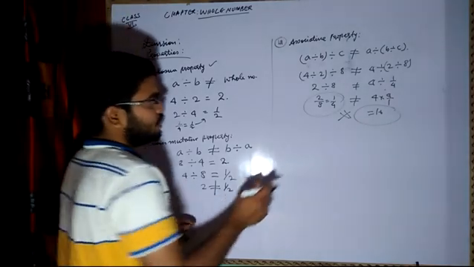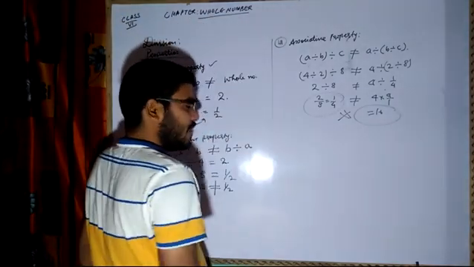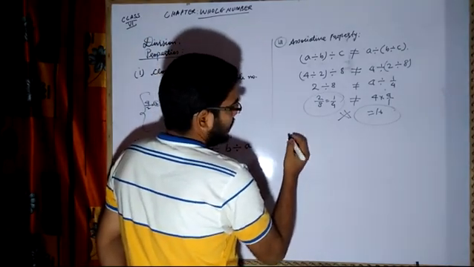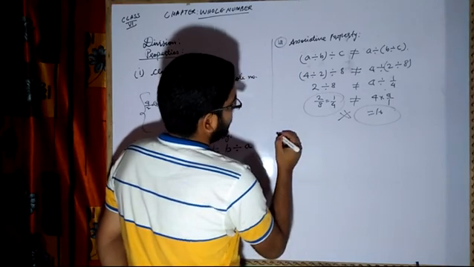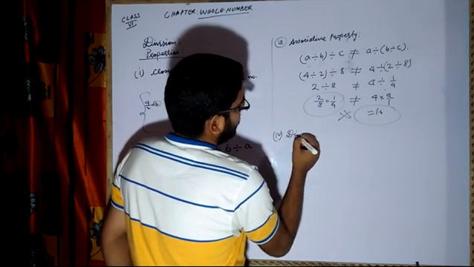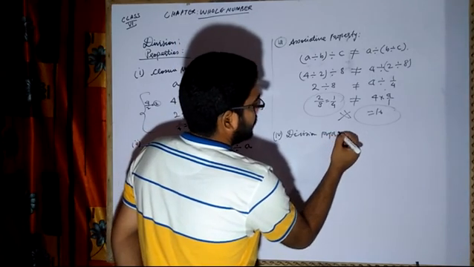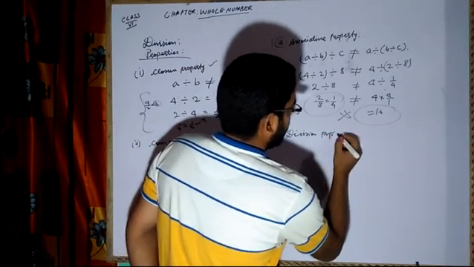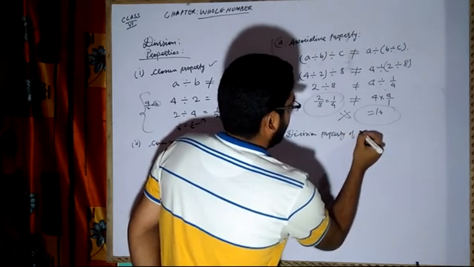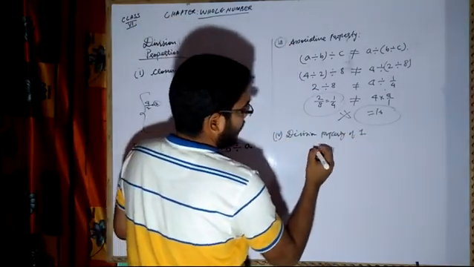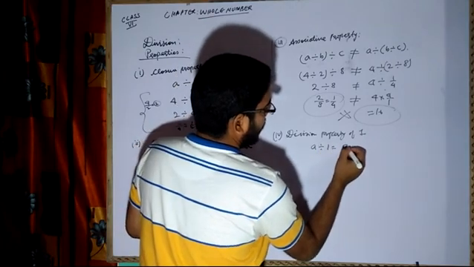Now in case of division, any number, I can name this as division property of 1. Any number divided by 1, suppose I have a divided by 1, the result will always be a.